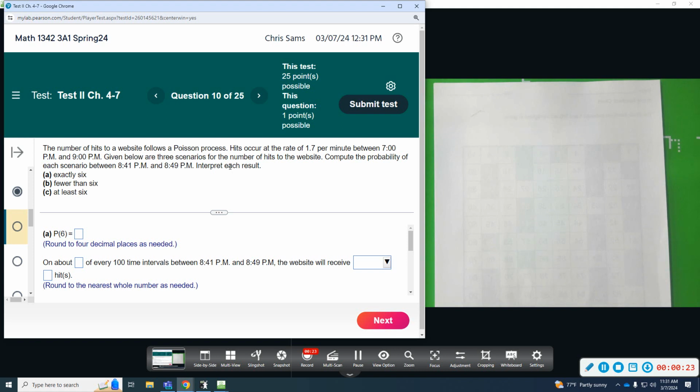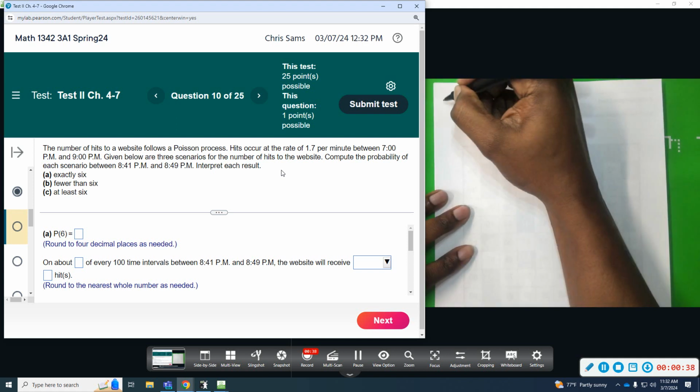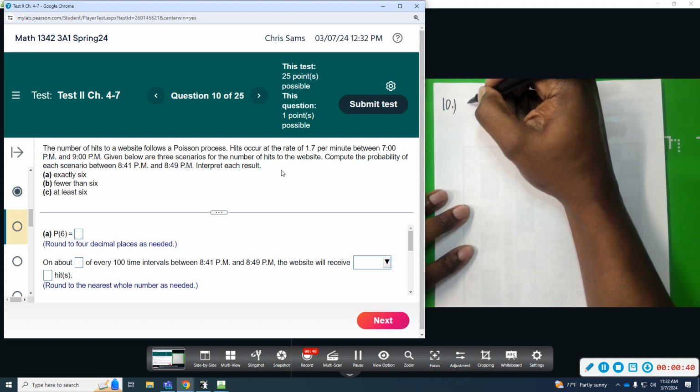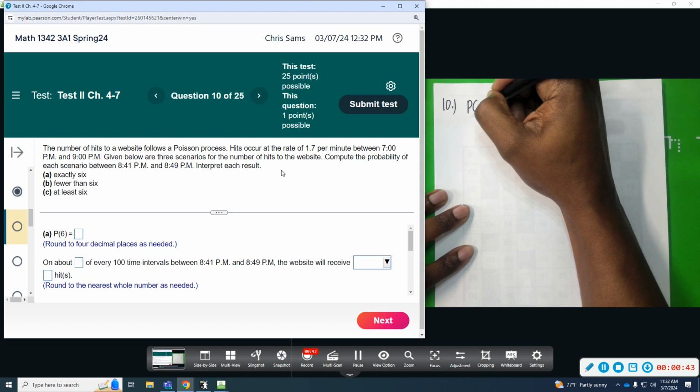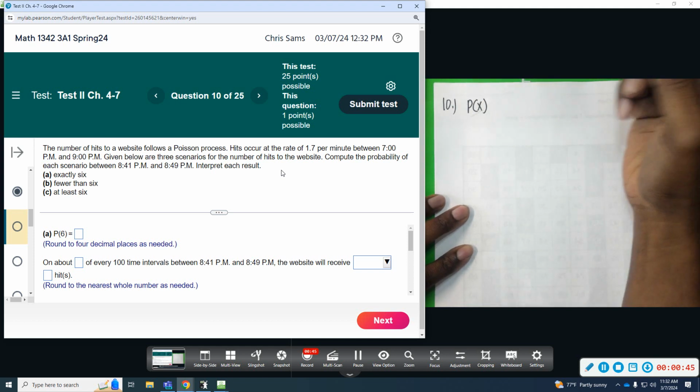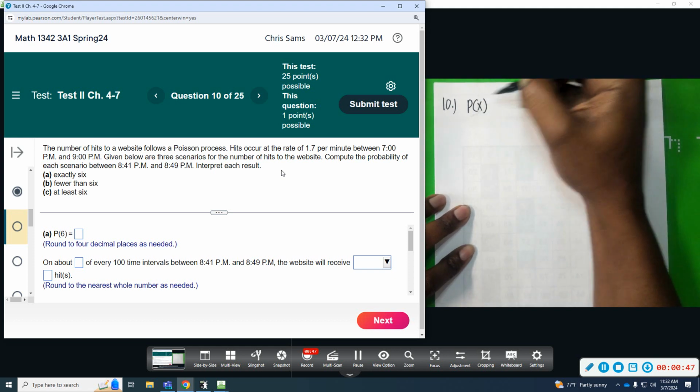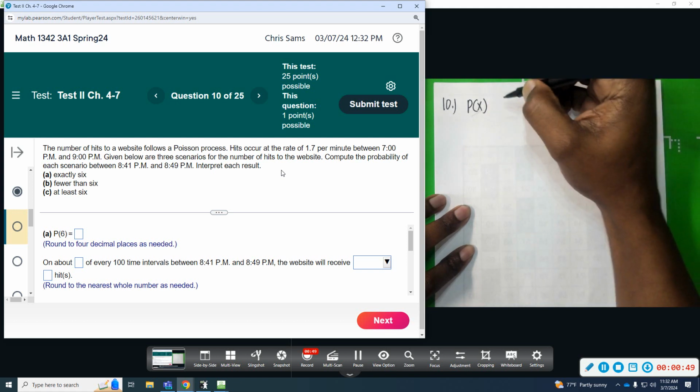Given below are 3 scenarios. Compute the probability for each scenario between 8:41 and 8:49. And then it says interpret each result. So the Poisson distribution is given by this formula, probability of x, and what this is doing is counting how many successes happen in a time interval.